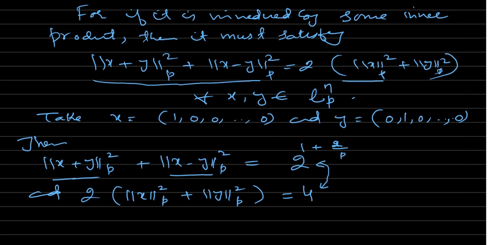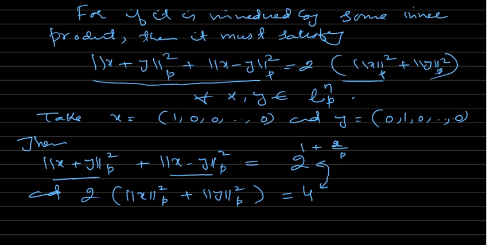Now you calculate this norm square: 1 square plus 1 square plus 0 square plus 0 square, whole power 1 by p. Sorry, 1 power p plus 1 power p, whole power 1 by p.